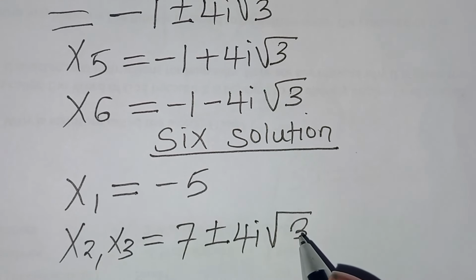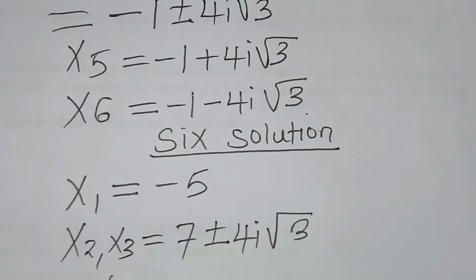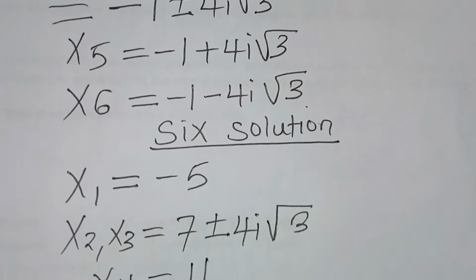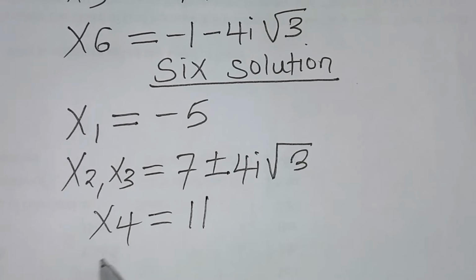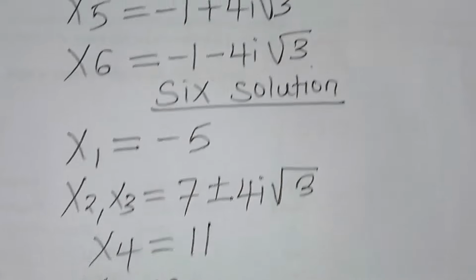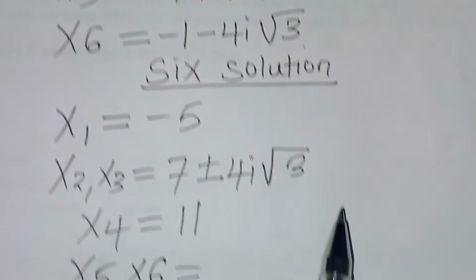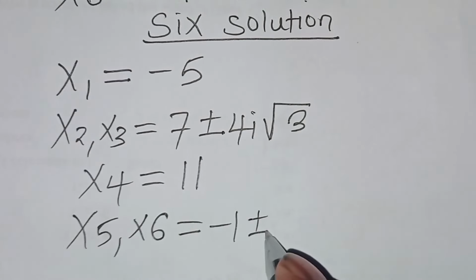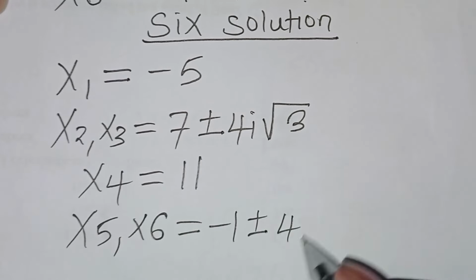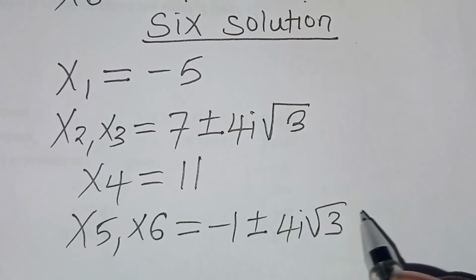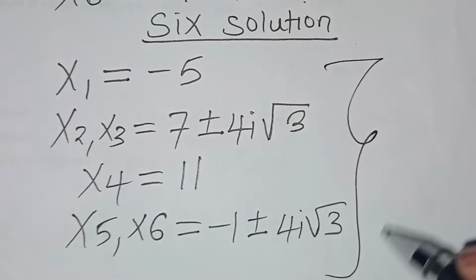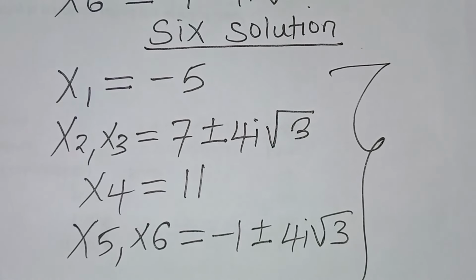The next one is x4, which is actually equal to 11. And we have x5, x6, which is negative 1 plus or minus 4i square root of 3. And these are the 6 solutions to this problem.